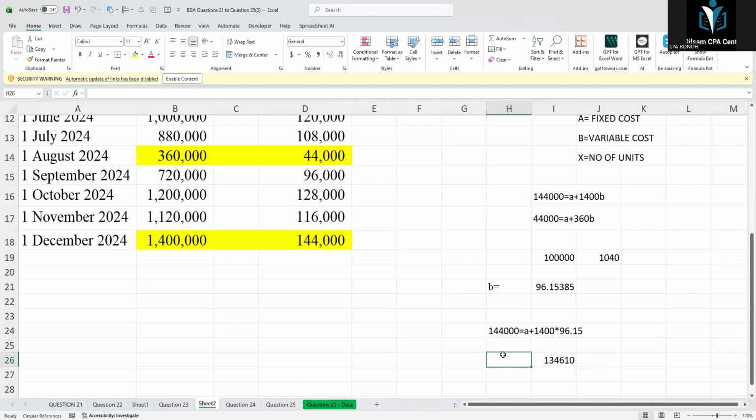Then we divide by 144,000. So get this divided by this. So our A, which is the fixed cost, is 10.6 or 10.70. That is the value of our A.